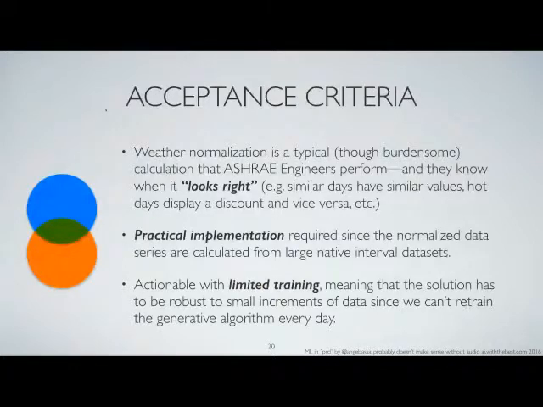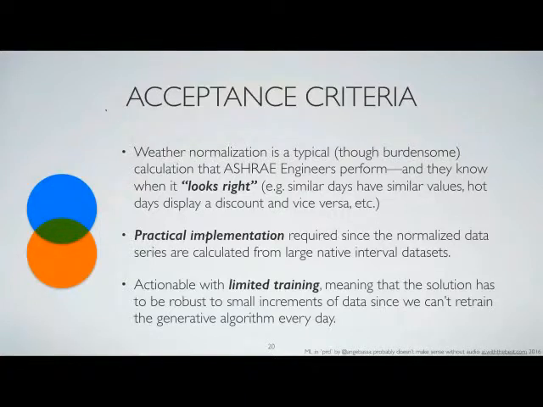So let's talk about the acceptance criteria, the first piece of love, and what that looked like for weather normalization. The typical calculation that ASHRAE engineers perform, and ASHRAE is the industry society of engineers who perform these energy analyses, they know when it looks right.